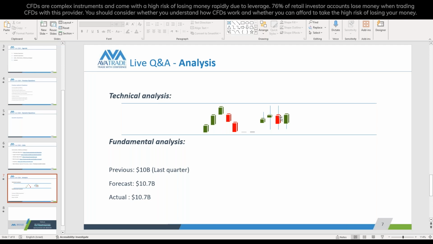Now, as you can see, this candle and that candle look almost the same, but this one is green and this one is red. Can somebody explain to me how this candle is green and this one is red, and they are the same size and the same height as well? What's the difference? What makes this one green? What makes this one red?